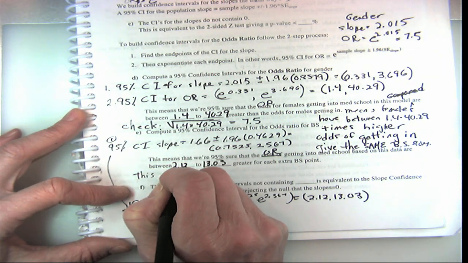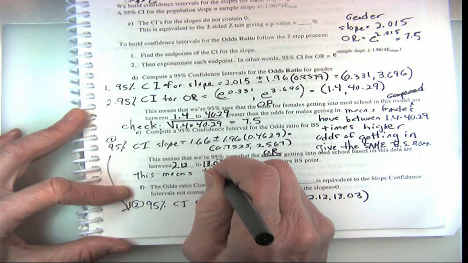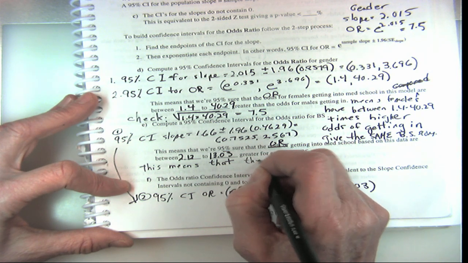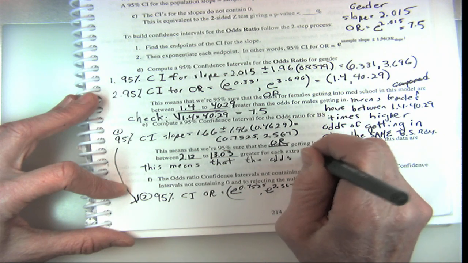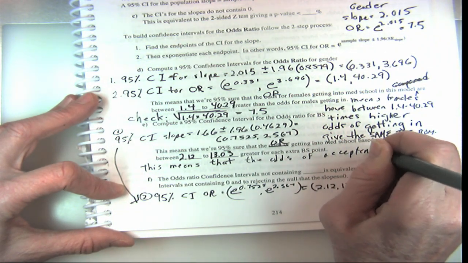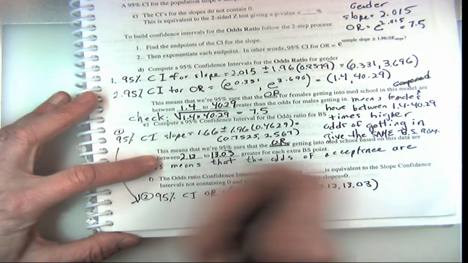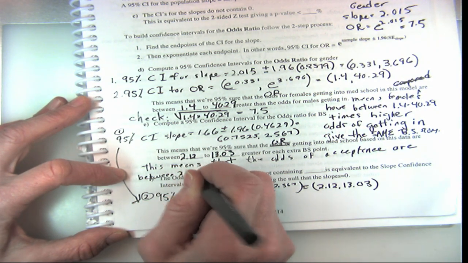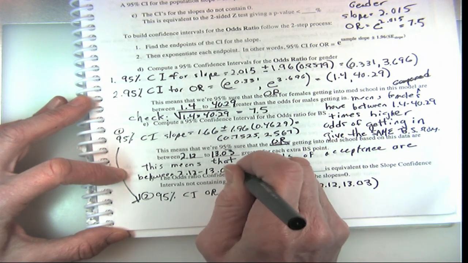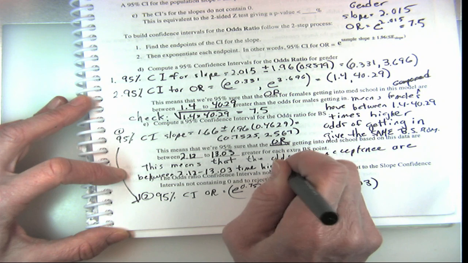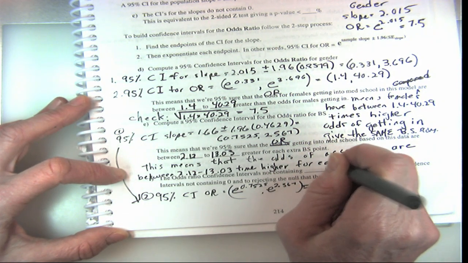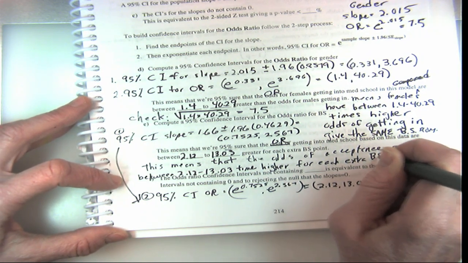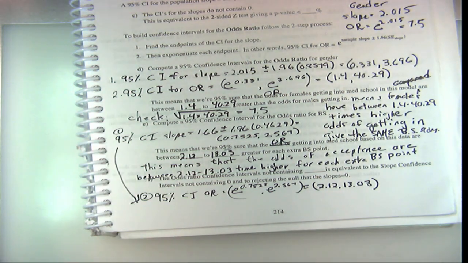This means that what? The odds of acceptance are in that range, somewhere between 2.12 and 13.03 times higher for each additional point, each extra BS point, given you're comparing two people with the same sex.